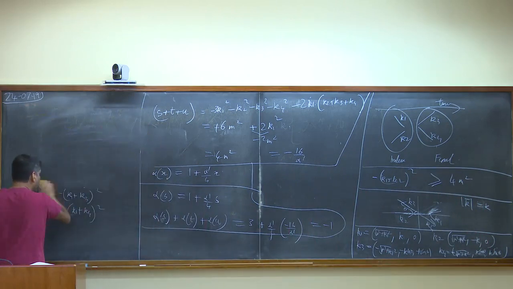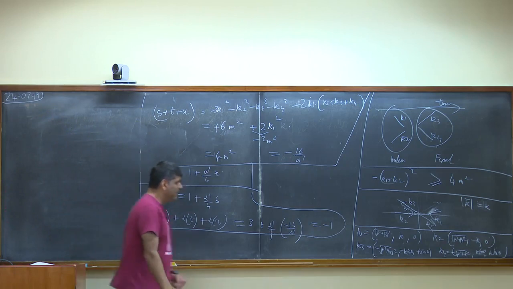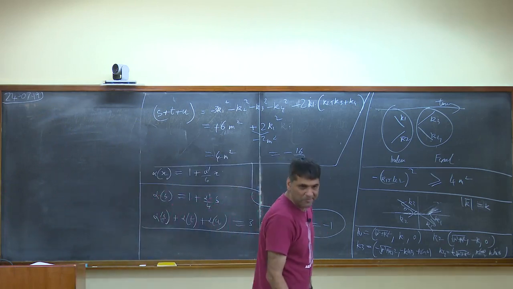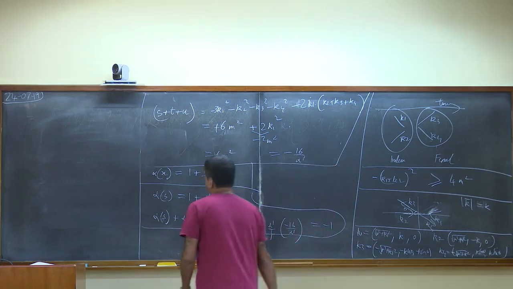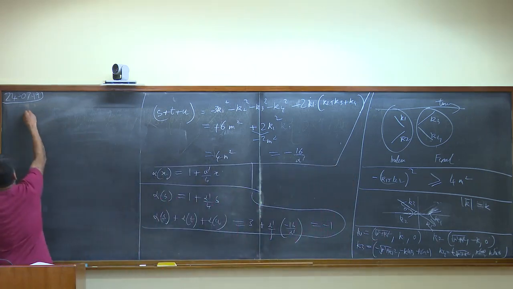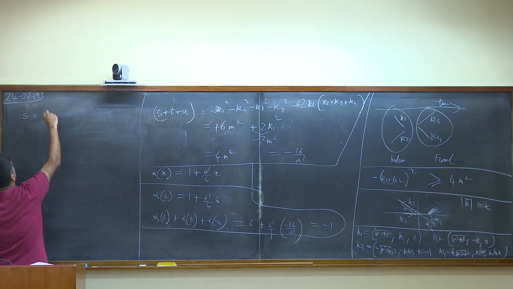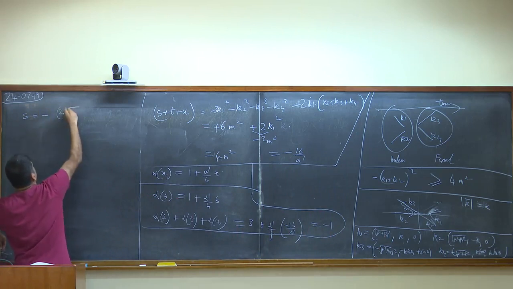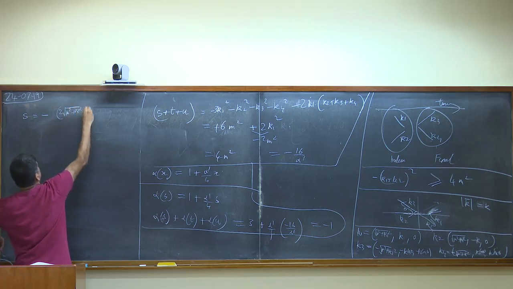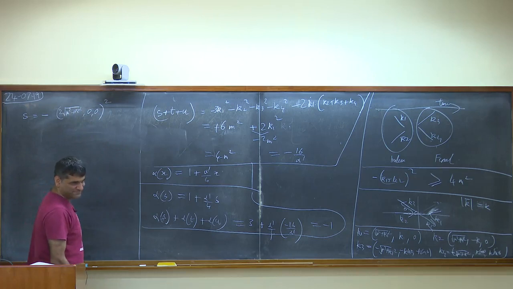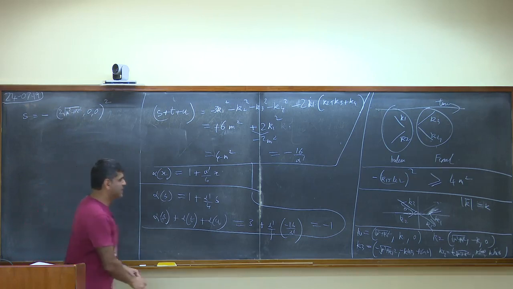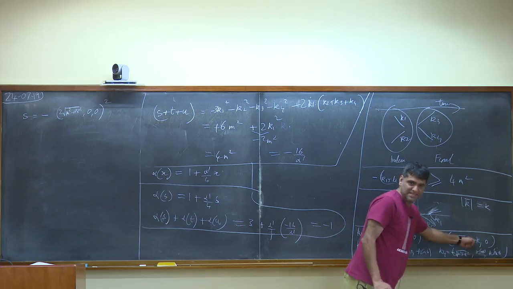So now, what I'm going to do in this frame is to compute S, T, and U, just so that everything is totally clear. S is very simple, because S is simply minus of 2 square root m square plus k square, 0, 0, the whole thing squared, because I just add up this and this.